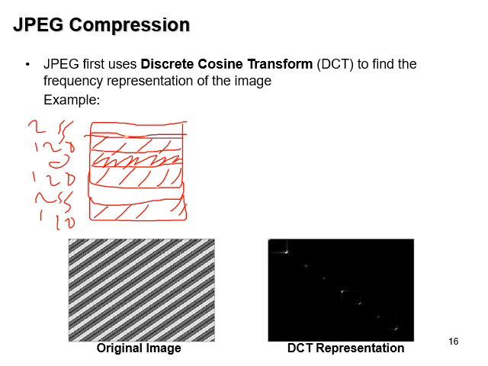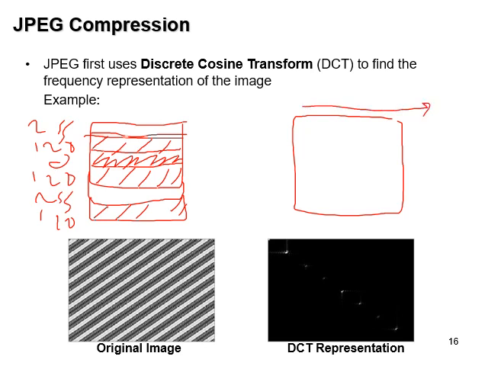Horizontally there is no change on each row, no change in the color, but vertically you have a sine wave. If you take that image and apply the DCT, the discrete cosine transform, what you will get is a matrix that has the same size as the image, but the axes now do not represent pixels.